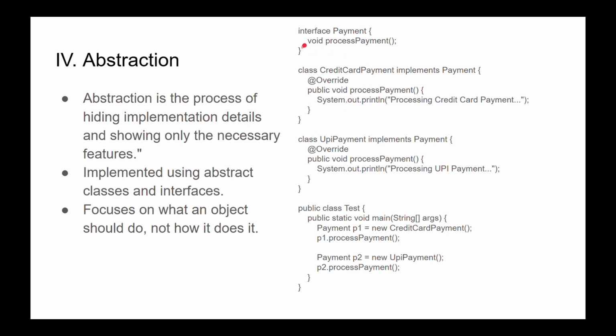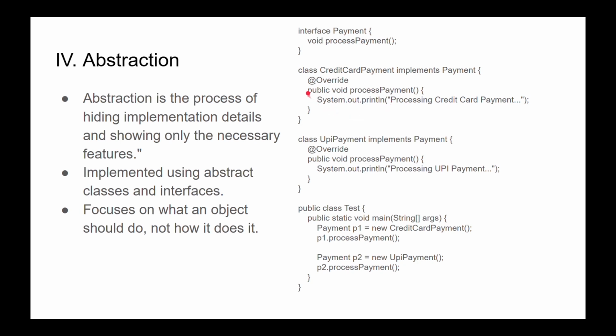Here we have interface Payment. An interface will provide 100% abstraction. Here we just have processPayment. We don't know whether it is a credit card payment, UPI payment, or debit card payment. That implementation is done later, but we have only the processPayment option. The user can see only processPayment.